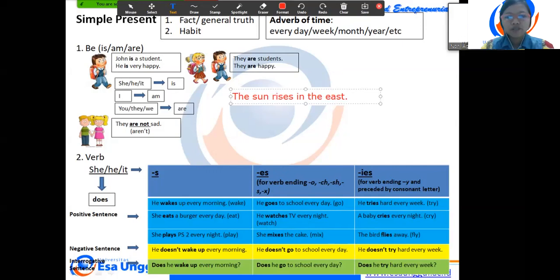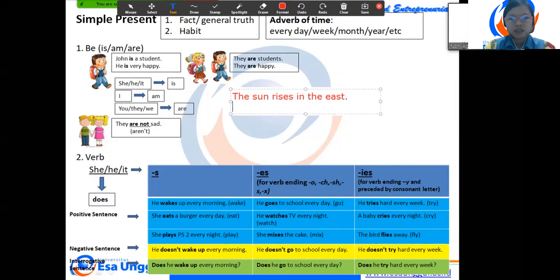For certain verbs, if the ending o, ch, sh, s, or x, we add es. For example, he goes to school every day. Because go, the ending o, we put es. And then he watches TV every night. Because the ending ch, we put es.